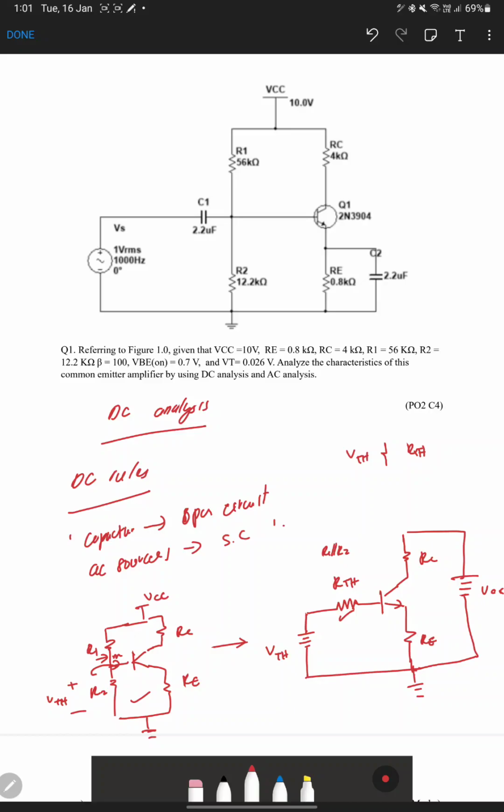In this session we are going to discuss the answer for test 1, set 1. We'll only focus on the AC part.